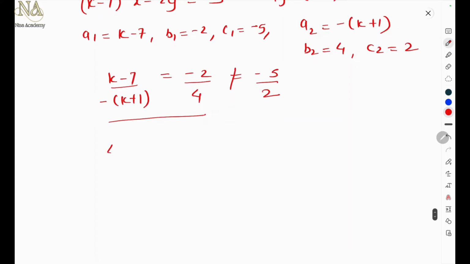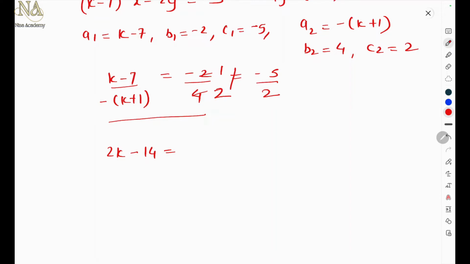So cross multiply. So 4k minus 4, we can reduce it now, minus 1 upon 2, right? So better, minus 1 upon 2. So now it will be 2k minus 2 sevens are 14. This is minus (k plus 1) into minus 1.